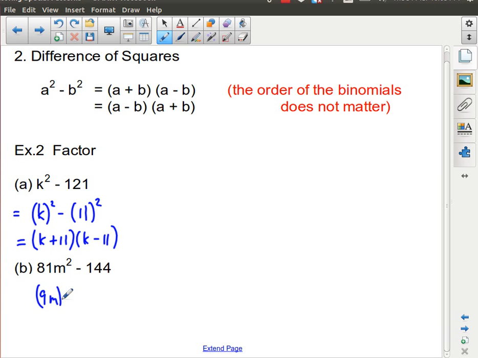So this one is 9m squared. And I have 144, which is 12 squared, and they're subtracted. And so that is equal to 9m plus 12, 9m minus 12. And if you can see it, you can go straight to this as your answer.